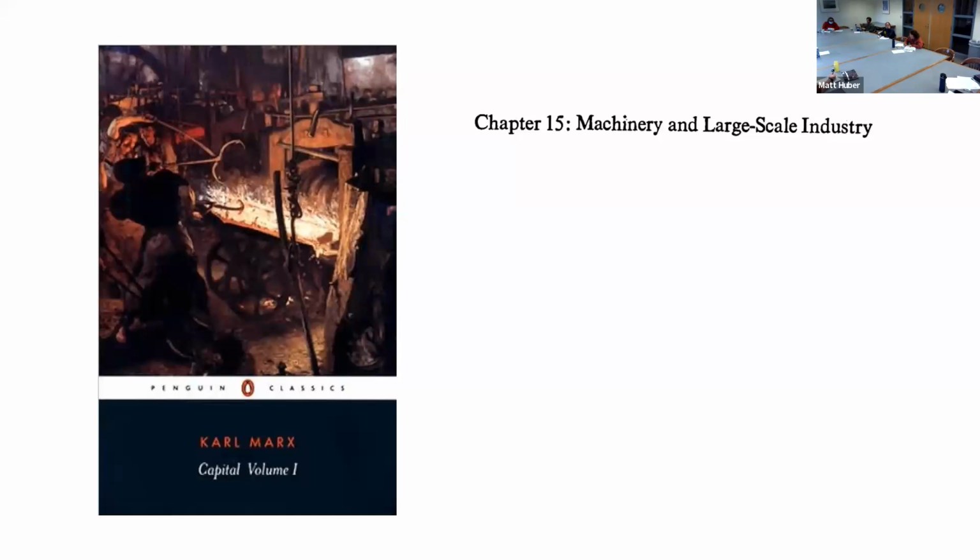But there's just so many rich theoretical or analytical nuggets in there where he's making very significant, broad, I would even say abstract claims about how capitalism operates. And as we'll get into, it's very clear that Marx thinks capitalism doesn't really get on its feet, if you will, until this transition to machinery.